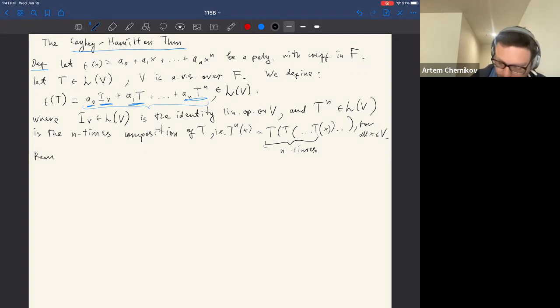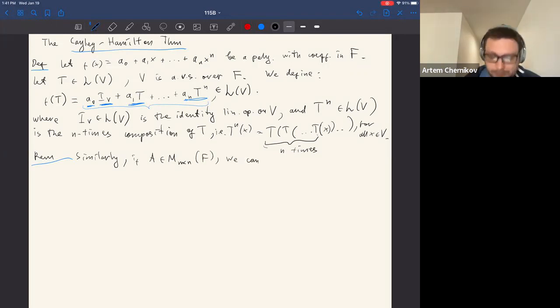Let me make a quick remark. Similarly, if we have a matrix A belonging to the space of n by n matrices over F, we can define the same expression, a polynomial evaluated on a matrix.